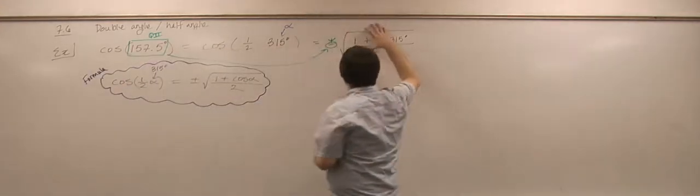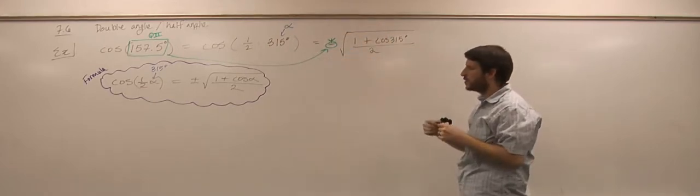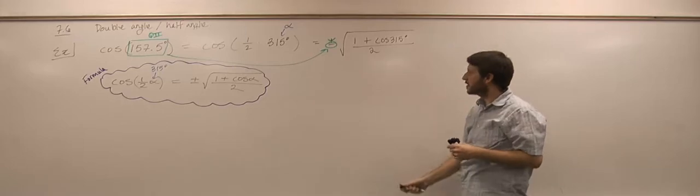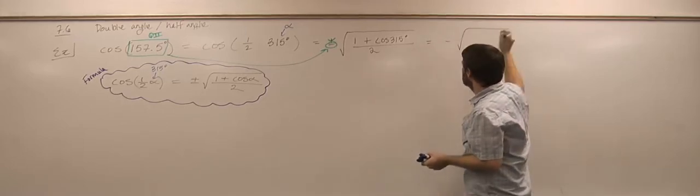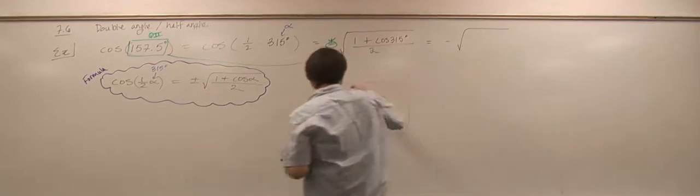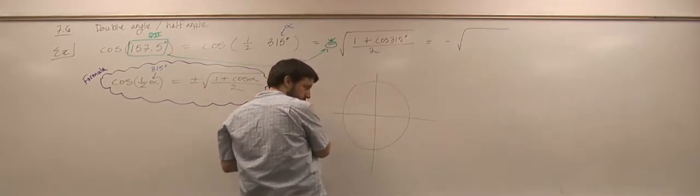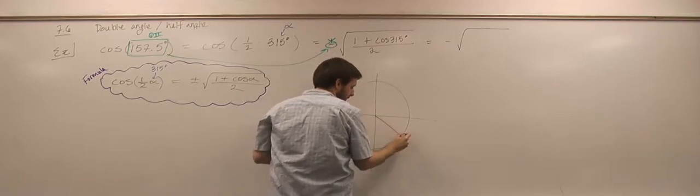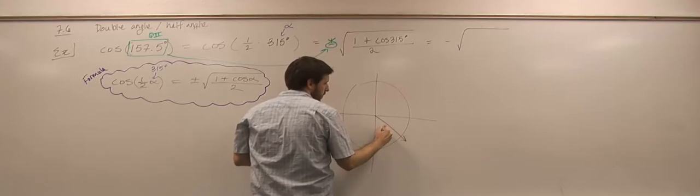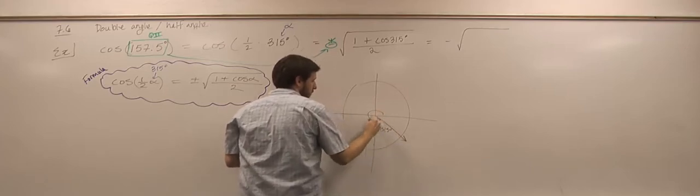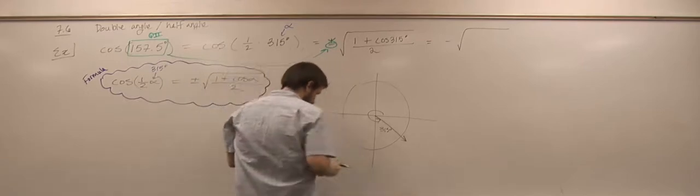So I apply my formula, I pick my sign, and now I actually have to calculate this cosine here. So 315 lands in the fourth quadrant, right? So what's my cosine value at that angle?